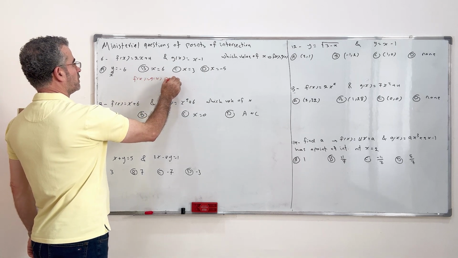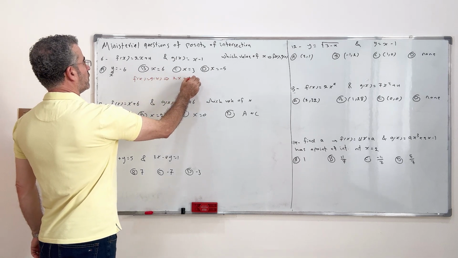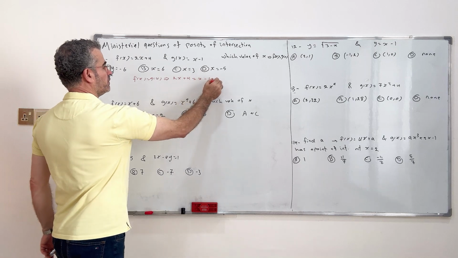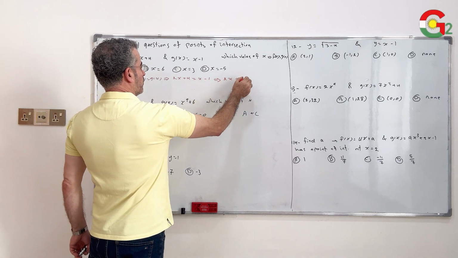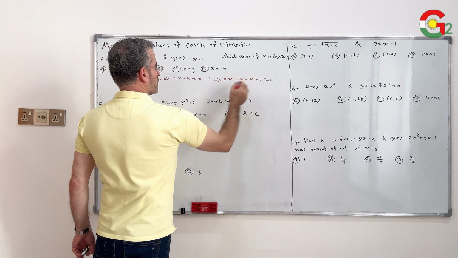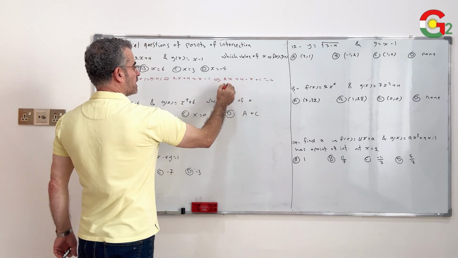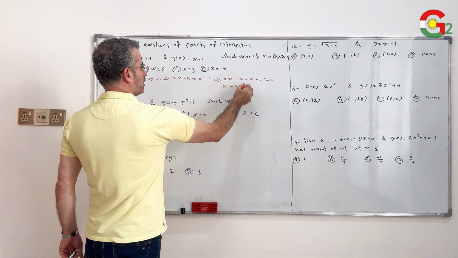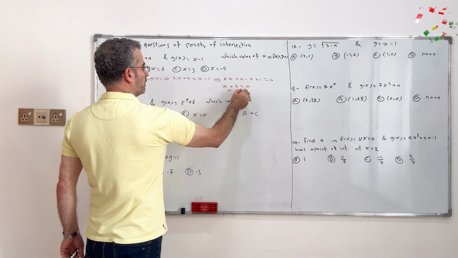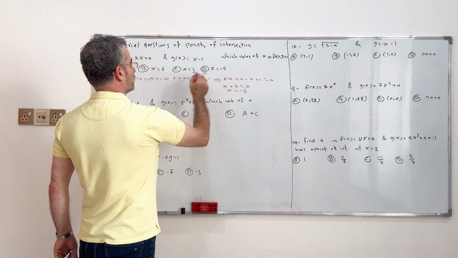This will give me 2x plus 4 equal to x minus 1. 2x plus 4 minus x plus 1 equal to 0. 2x minus x, it's x. 4 plus 1, it's 5. Then x equal to negative 5. Choice number D.